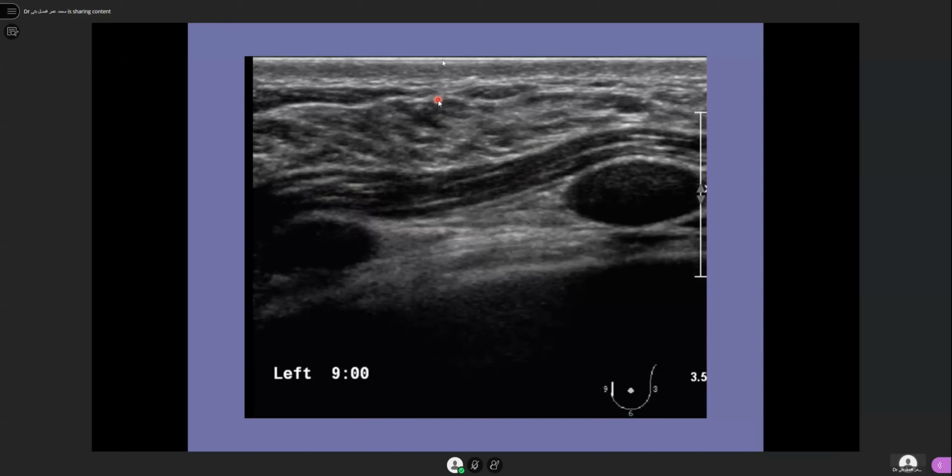And this is the fibroglandular tissue, the breast tissue. And this is skin, surrounding there. So basically fatty tissue and fibroglandular tissue appear heterogeneous. It gives a heterogeneous appearance on ultrasound, and behind the fibroglandular tissue there is the pectoralis major muscle.